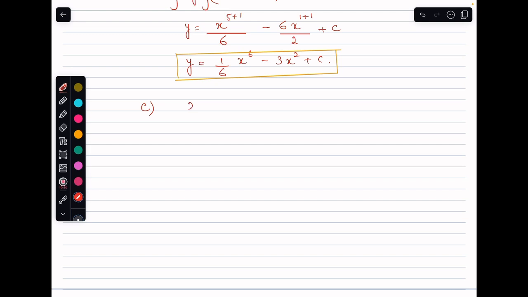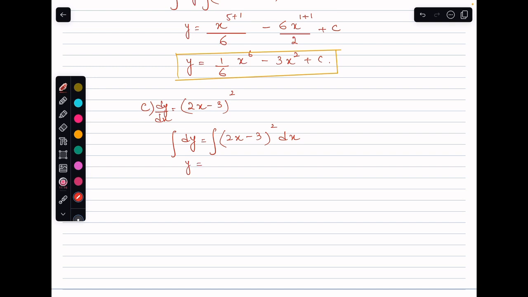Part C says dy by dx is given as (2x minus 3) the whole squared. Again, I can say dy equals (2x minus 3) squared dx. I need to integrate it to get my y, so the integral sign here.